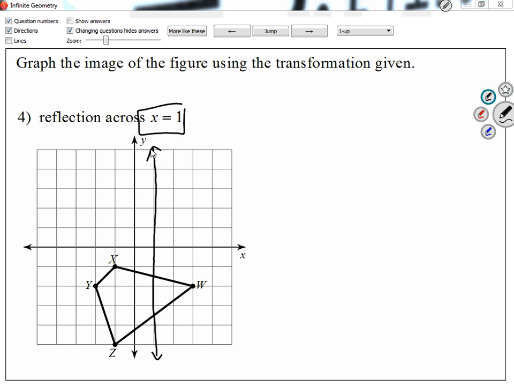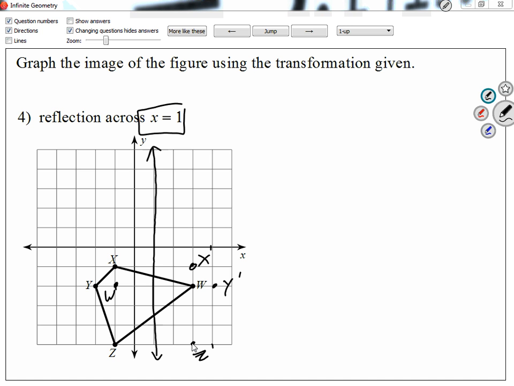So looking at my W first, it's 2 points from the mirror. I'm going to count 2 spaces from the other side, and that's my W prime. My X prime is here. My Y prime is here. And my Z prime is here. The way I count each of my points, I counted the distance from the mirror line, and it needed to be the same distance on the other side.